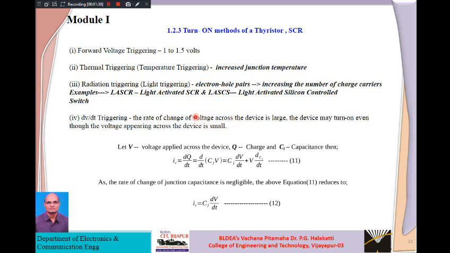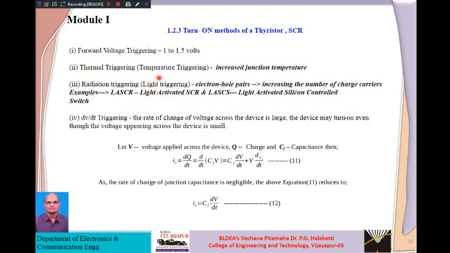If you go on increasing the forward voltage, naturally the forward current will go on increasing. That will take your anode current well beyond the latching current, and it will trigger naturally without the help of any gate signal.